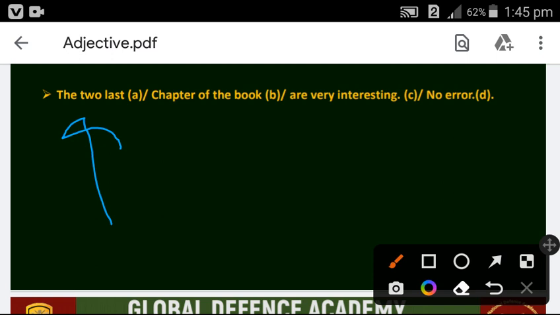In the previous slide I discussed with you that first you have to write the ordinal number, then the cardinal number. Here the ordinal number is last, and the cardinal number is 2. So we have to change the order of these two words.